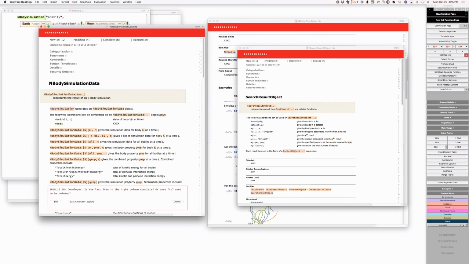Of, now it's the all case. So let's give b1, b2. States of bodies. Actually, why don't we just say body b at time? Mm-hmm.